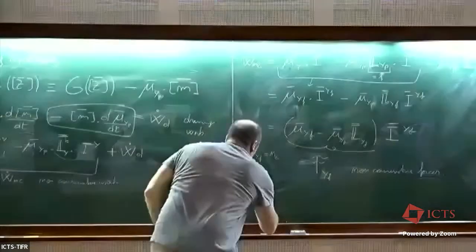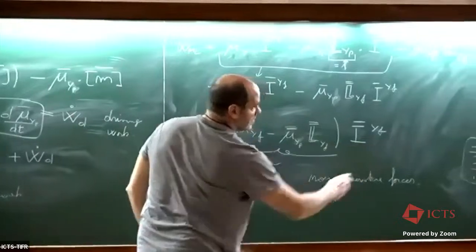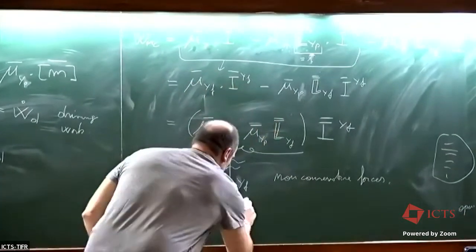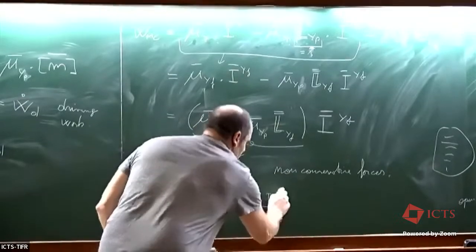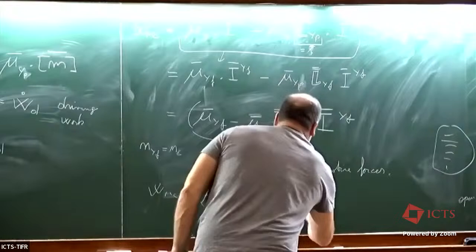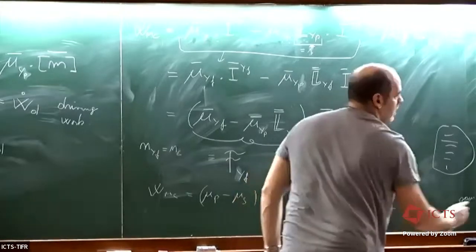The non-conservative work would be these two forces: Yp minus Ys times the current Yp, plus Yw minus Yf times Yw.